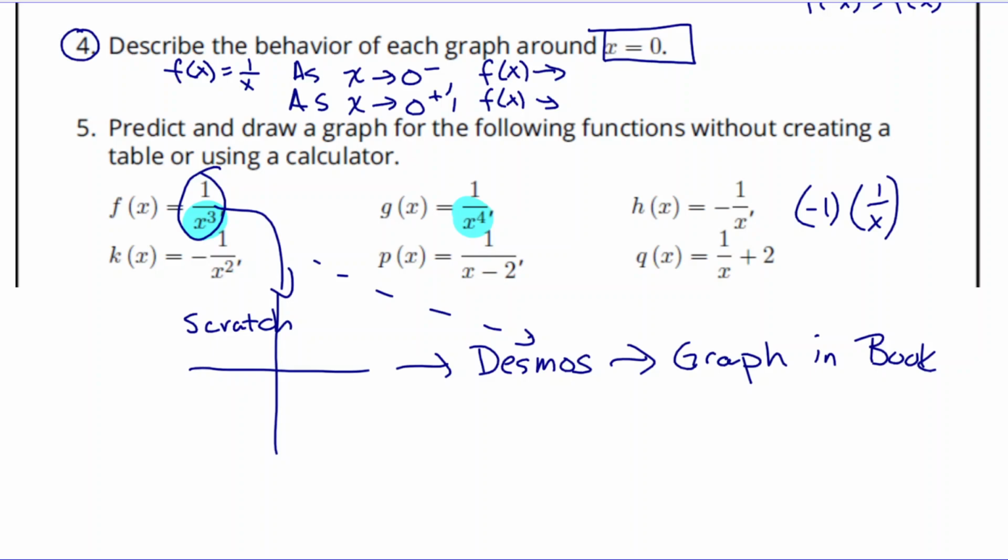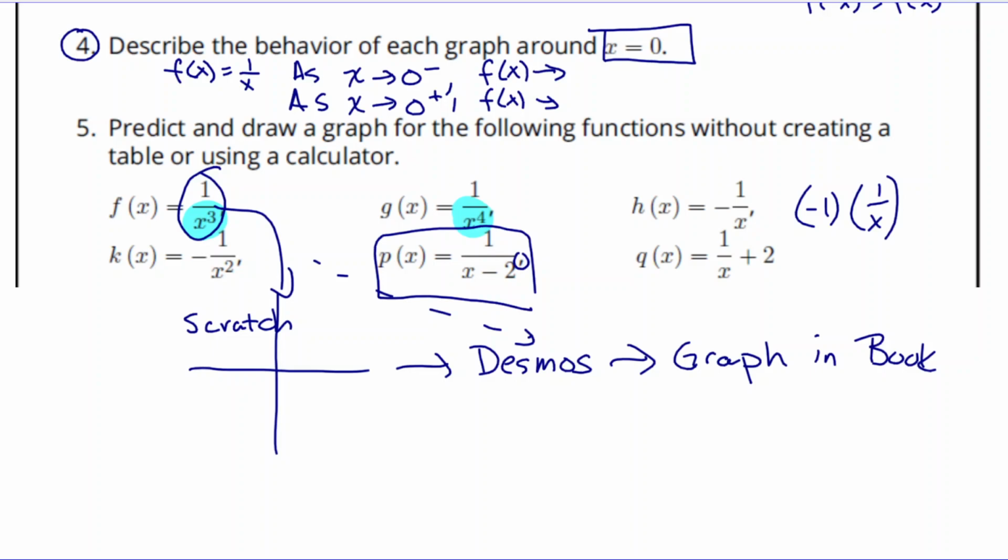Then you have -1 over x squared, and then you start having this business here. Now, why does it have this little tick mark? I don't know, I'm going to look that up. I'm not sure why they put that in there, and I have to ask them. I forgot to do that Friday, but it's not going to matter. All you have to do is think, what will that graph look like?